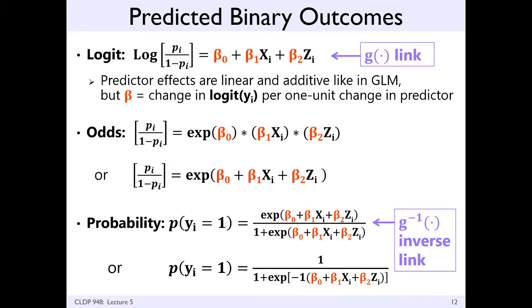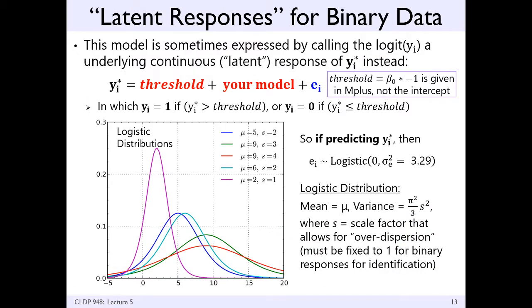Now, logit isn't the only game in town. Another way that these models are described is using this terminology of a latent response for the binary outcome. This idea of y star, you will sometimes see things written this way, where y star is the pretend underlying distribution for your binary variable. So it's like your real trait that you're trying to measure with an item response is continuous, like Mayumi's thing here, right?